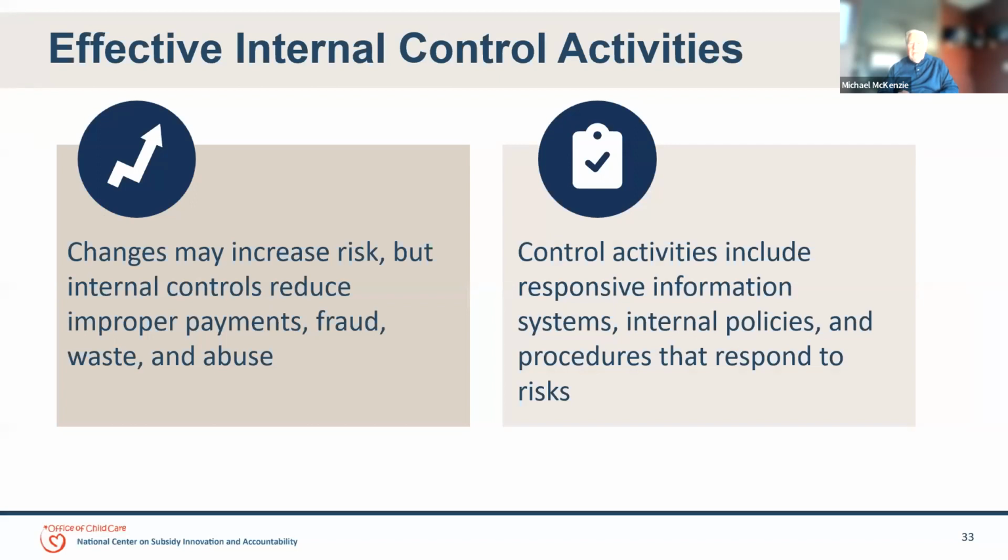So specific internal controls to reduce improper payments and potential fraud, waste, and abuse should always be evaluated anytime you make a program change. These systems, policy, and process considerations are intended to complement and support your efforts to simplify your application. And as Sarah mentioned, American Rescue Plan funds are available and can still be used to simplify your application, as well as the requisite program integrity strategies that you might want to employ to support the changes.